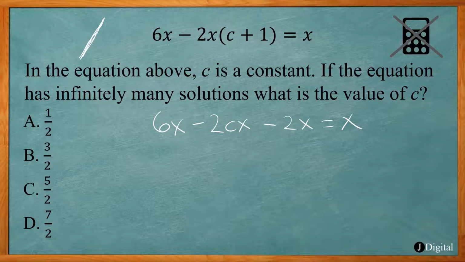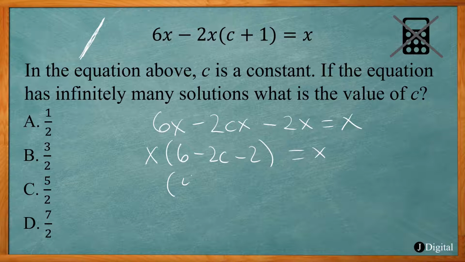So no matter what x value we plug in, both sides will be equal. On the left side, each of these has an x in it, so I'm going to factor out the x. That leaves me with 6 minus 2c minus 2. Combine the 6 and negative 2, which gives me 4, so 4 minus 2c. Now on the right I have 1x. On the left I also want 1x, so the 4 minus 2c needs to equal 1.